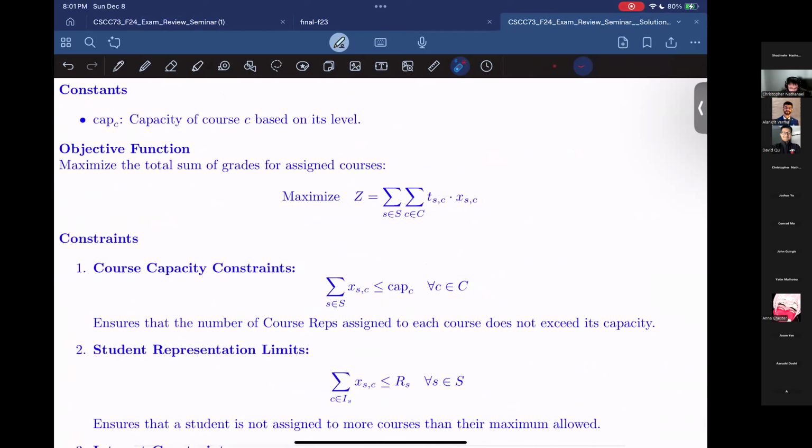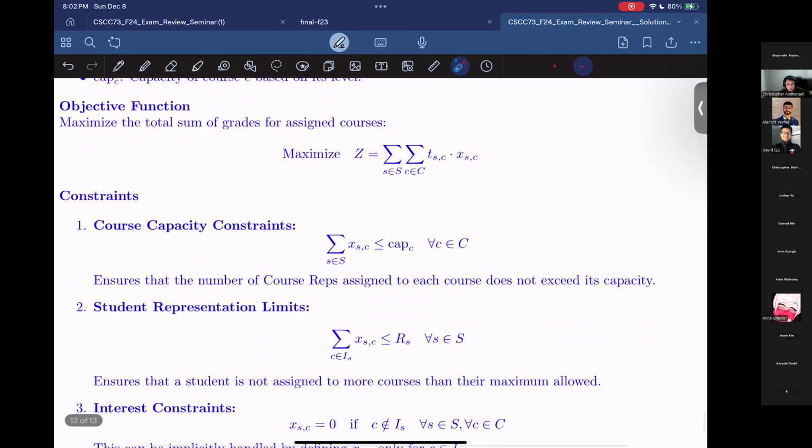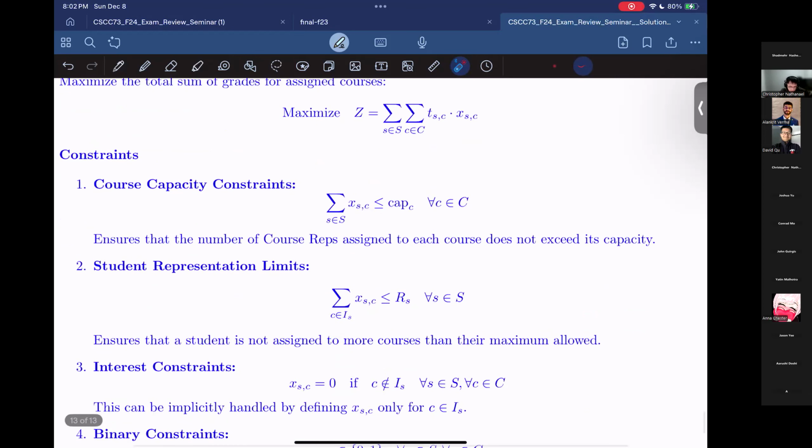First one, course capacity constraints. Ensures that the number of course reps assigned to each course does not exceed its capacity. So we iterate over the students, and the sum of X_SC is less than cap_C. Then the same constraint also applies from the student's side. We iterate through all the interested courses and make sure that the sum of it is less than the limit it can represent.